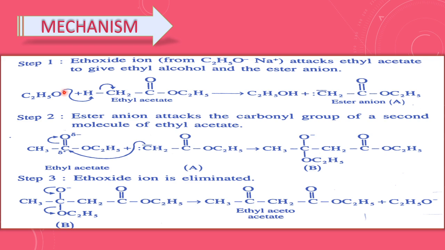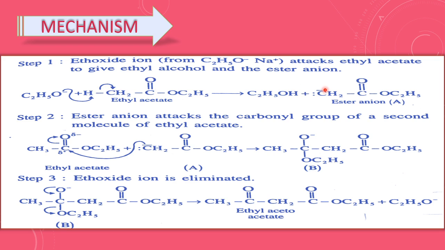Actually, this O minus extracts the proton from ethyl acetate. Here the CH2 group is an acidic group due to the presence of the electron withdrawing C double bond O C2H5 group, and this is the base. The base abstracts the proton and forms alcohol, C2H5OH.